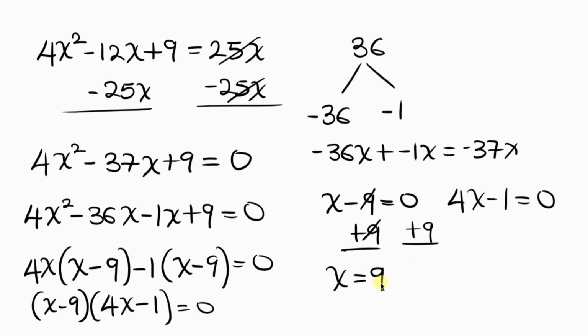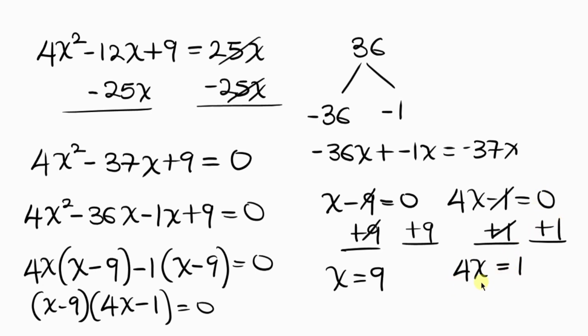Very good. And then from this other case, this is 4x minus 1 equal to 0. I'm going to move negative 1 to the right. And in order to do that, I'll add 1 to both sides. When I add 1 to both sides, you see that negative 1 cancels out plus 1, leaving behind 4x to be equal to 0 plus 1 is 1.